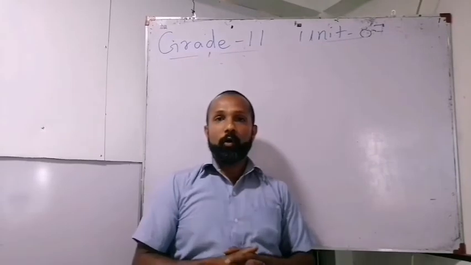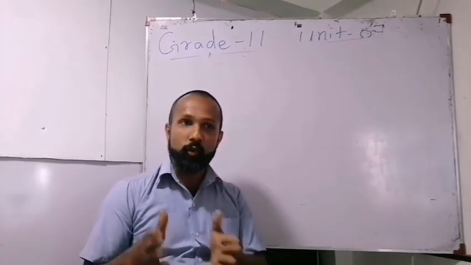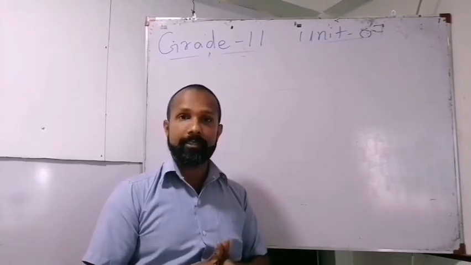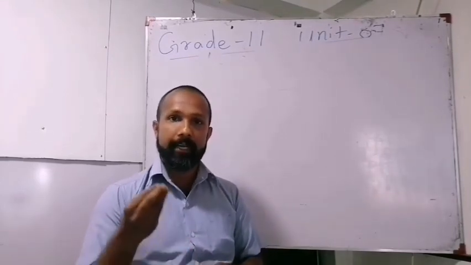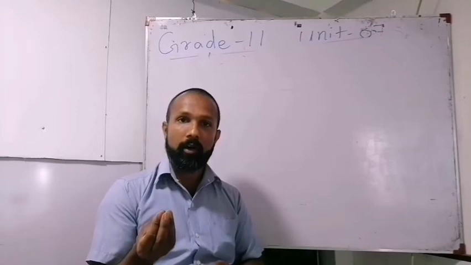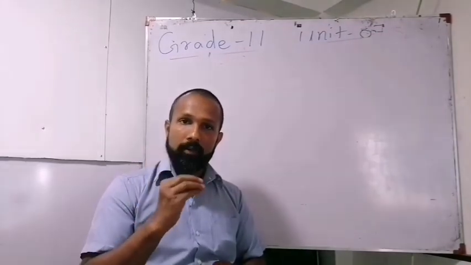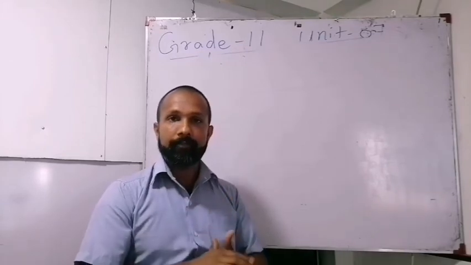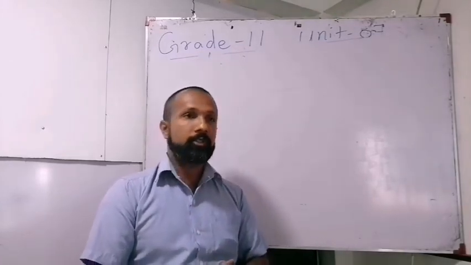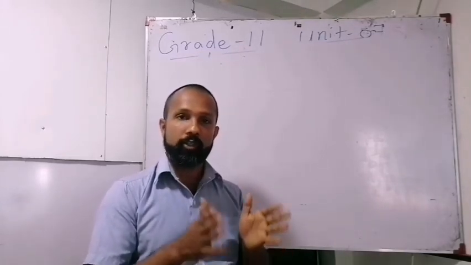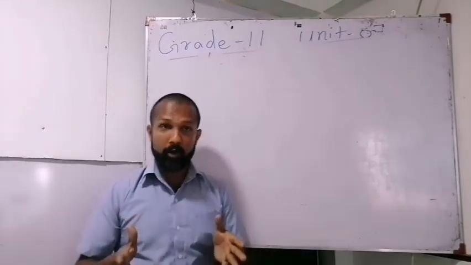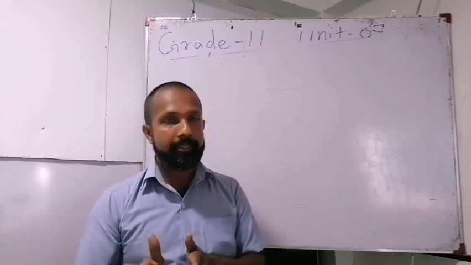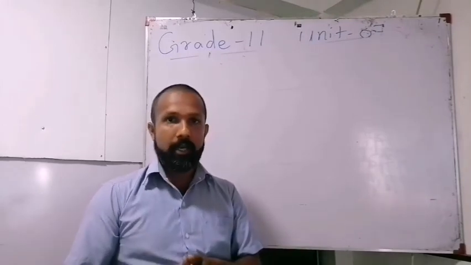And also we can classify these acids into two categories as concentrated acids and dilute acids. That depends on the amount of water content present in the acids. So you know that in the laboratory we store these acids as concentrated acids as well as dilute acids.